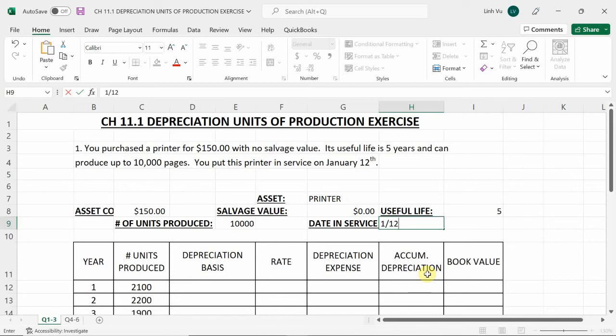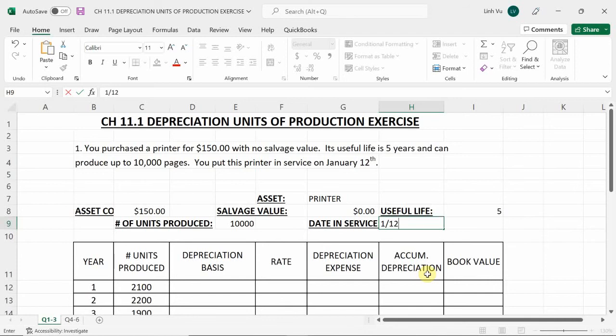So if I put it on the 12th, the 12th is 15 days plus 3 more days, right? So is that more than 50% of the month? Yes. So in this case, when do I start depreciating it if it's more than 50% of the month?